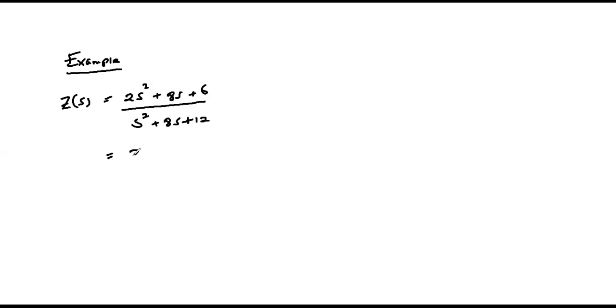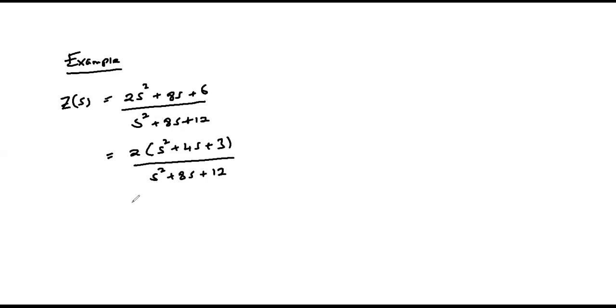We can write this as 2 into (s² + 4s + 3), factoring out 2 on the numerator, divided by s² + 8s + 12.